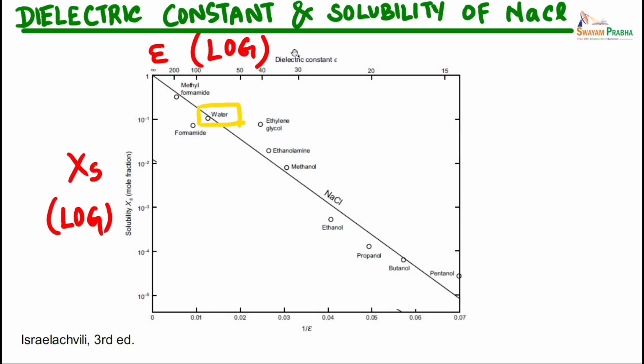Here is a plot of the solubility of NaCl with epsilon, all on log scale. Water sits out here, and the same curve explains its solubility in all different systems, in alcohols, in this is methyl formamide, and so on. The dielectric constant plays a central role in how much solubility any salt has in water.